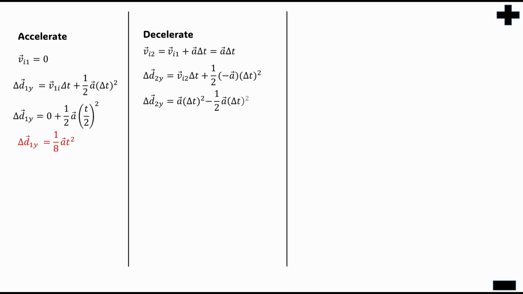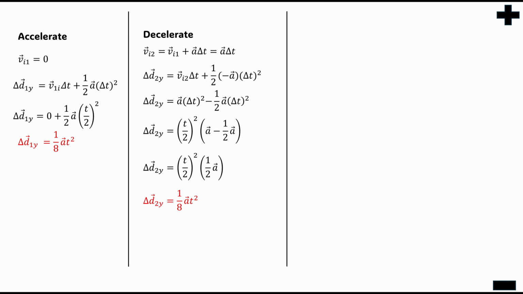In the deceleration phase, our initial velocity will just be acceleration times delta t, as vi1 is just 0. As such, we can find by simple algebra that delta d2y is 1/8 acceleration times t squared.